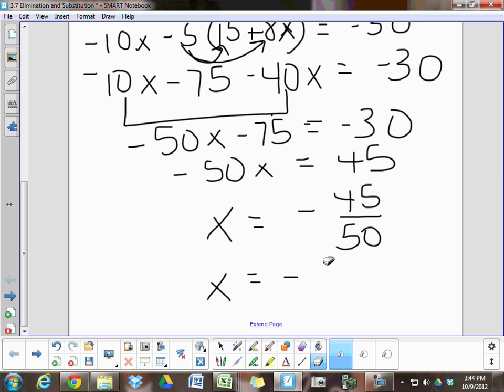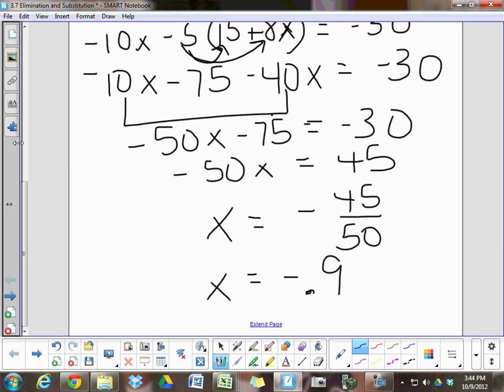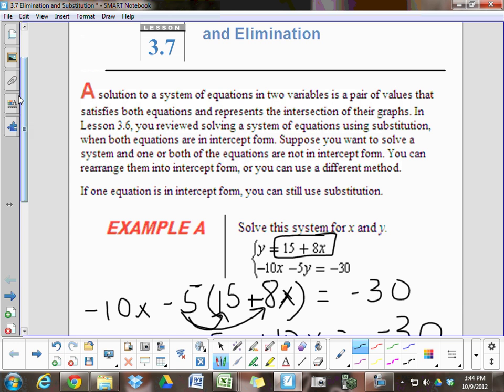So what we have right now is half the solution. To get the y value now, you're going to take negative 0.9 and plug it back into the equation with the box around it, this guy right there. You're going to plug negative 0.9 in for that x to find y.